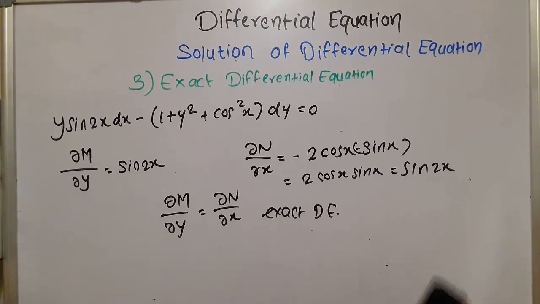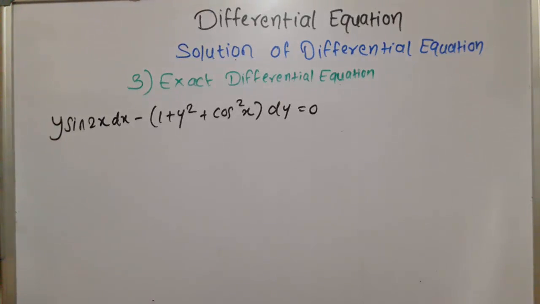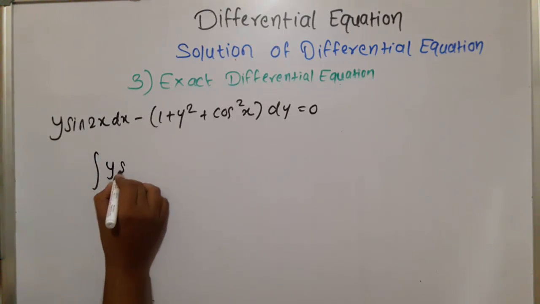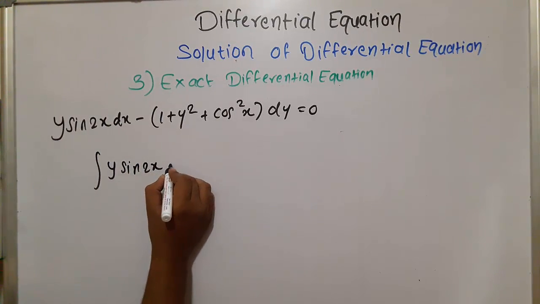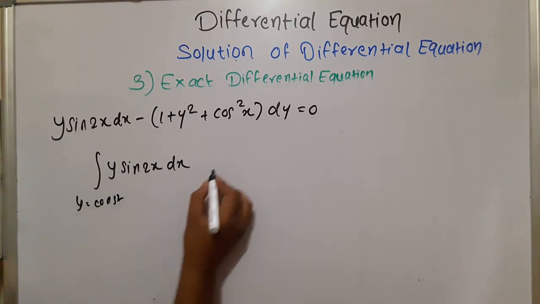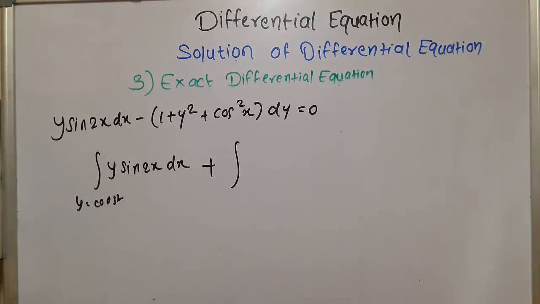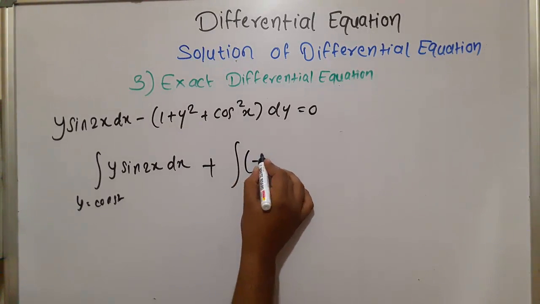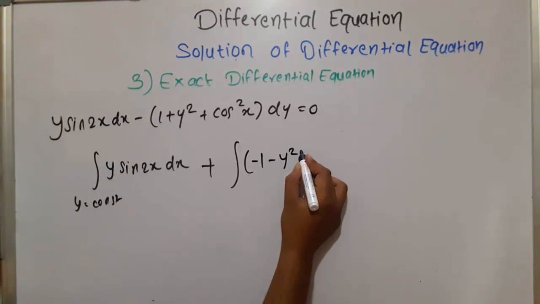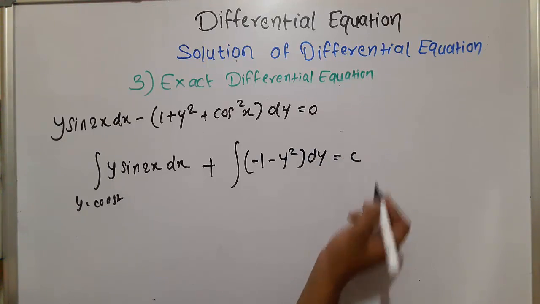Now our next aim is to find the integration for the solution. The integration of y sin 2x dx, where we take y as a constant while integrating, plus the integration of only the y terms, so minus 1 minus y square, and the x term we neglect, dy equal to c.